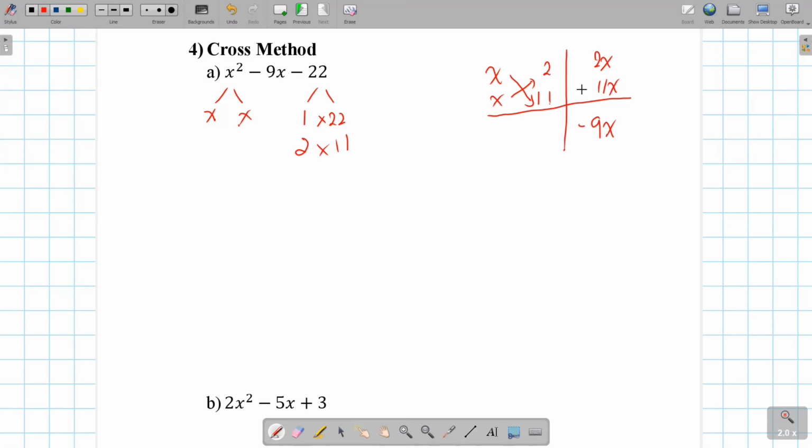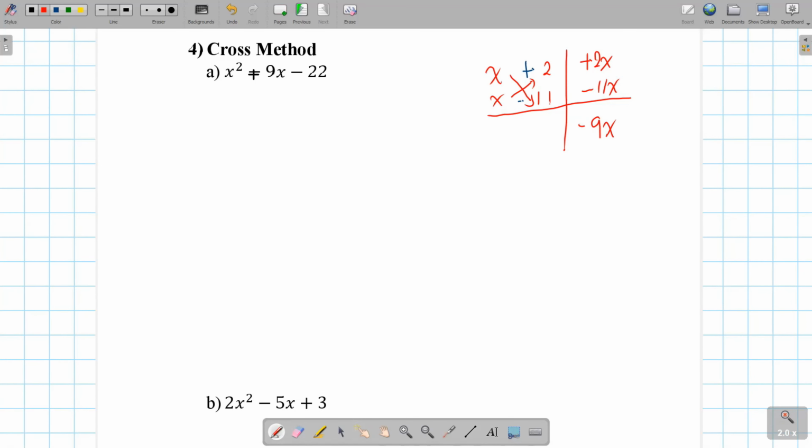So 11x must be negative and 2x must be positive, because positive 2x plus negative 11x gives negative 9x. So just now we cross multiplied here, right? So this part, the 11 will come with a negative sign and the 2 will come with a positive sign.